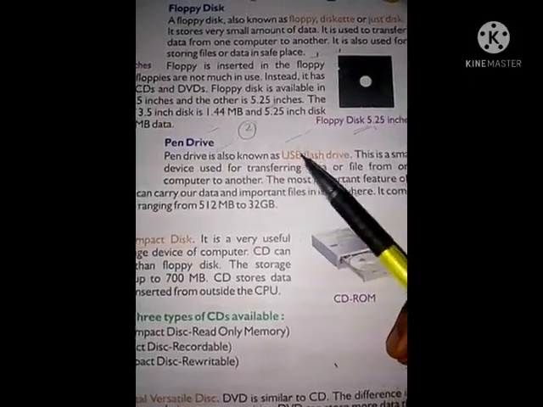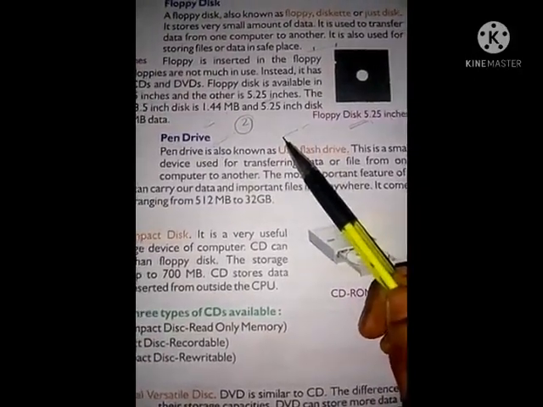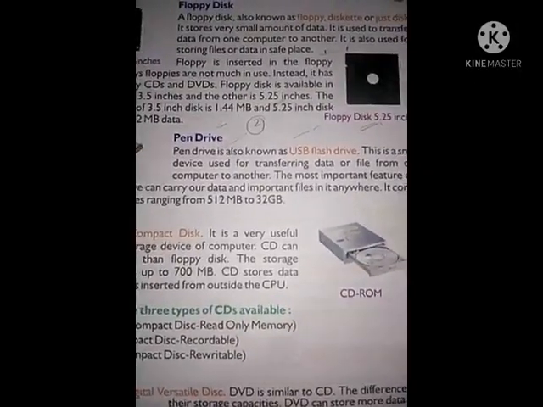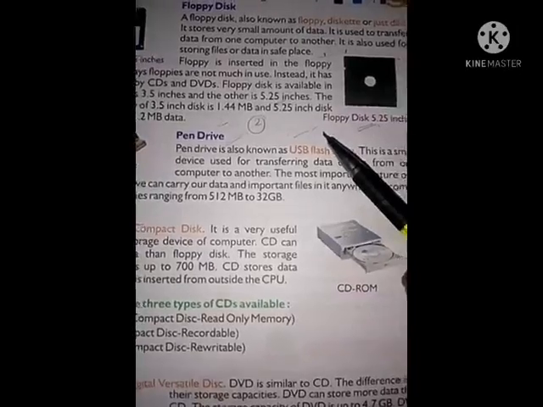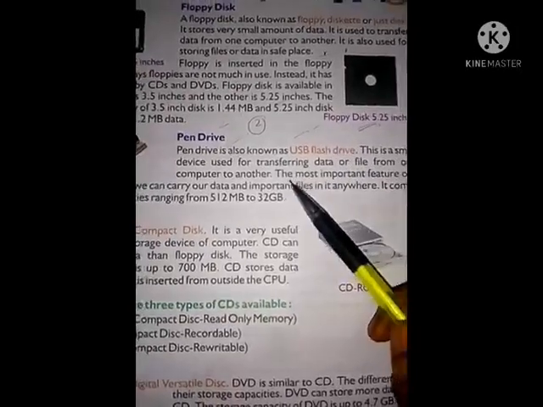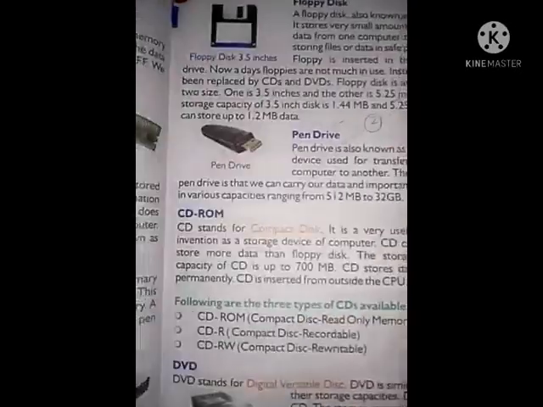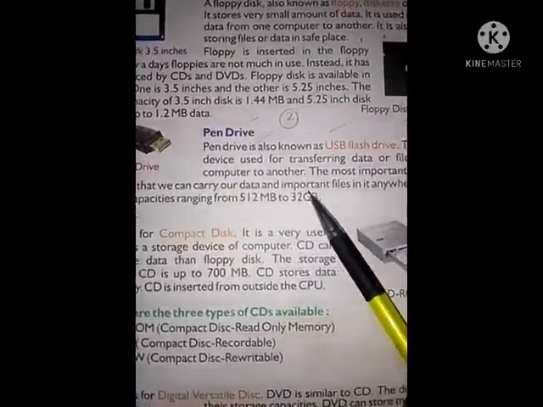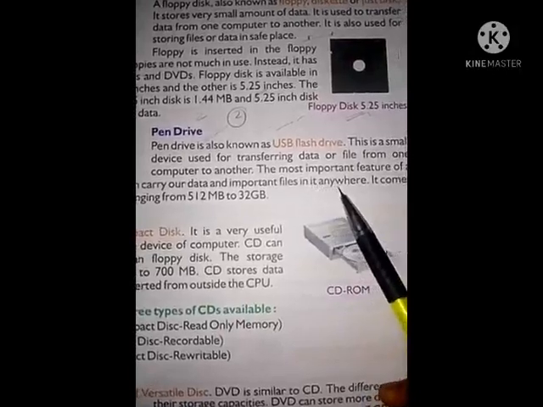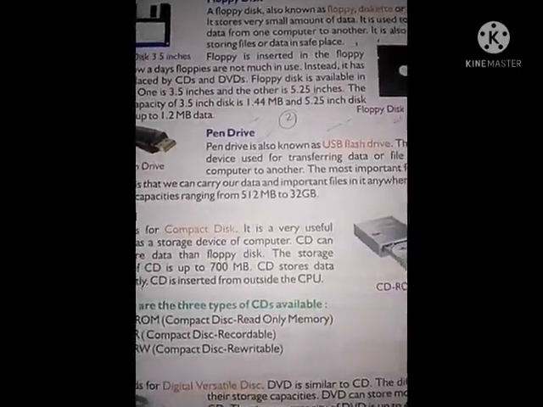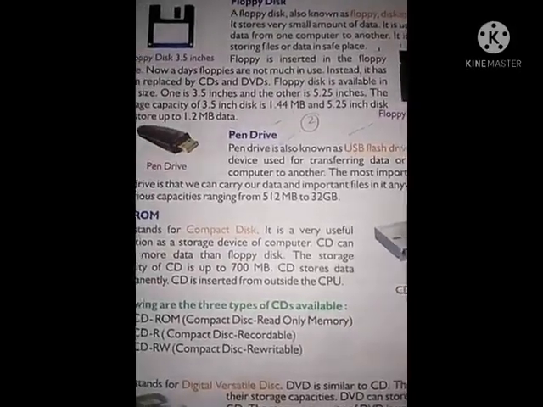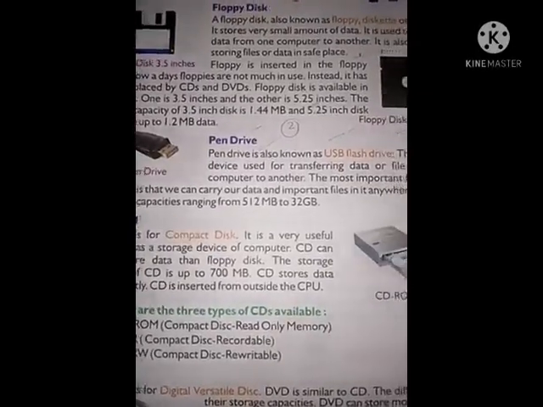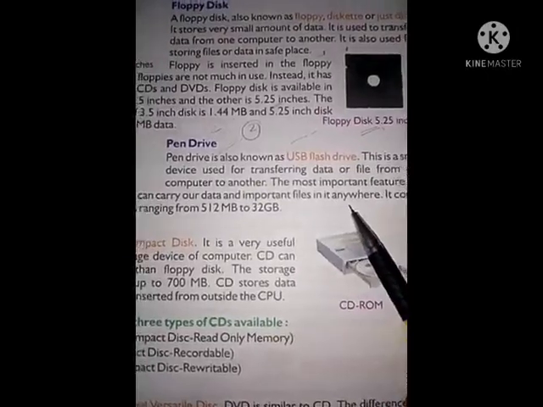We can transfer information and also some movies, some cartoons through a pen drive. The most important feature of a pen drive is that we can carry our data and important files anywhere.